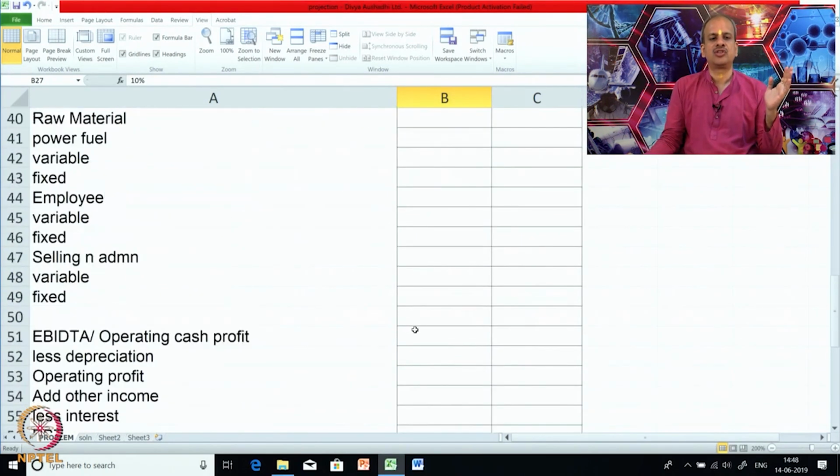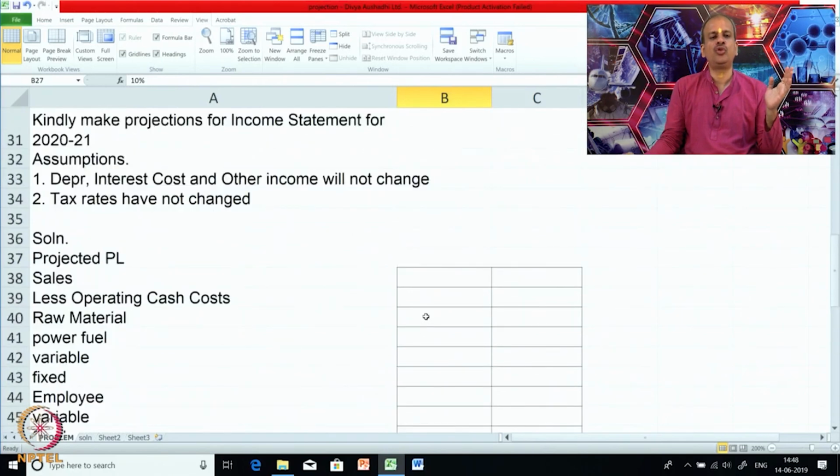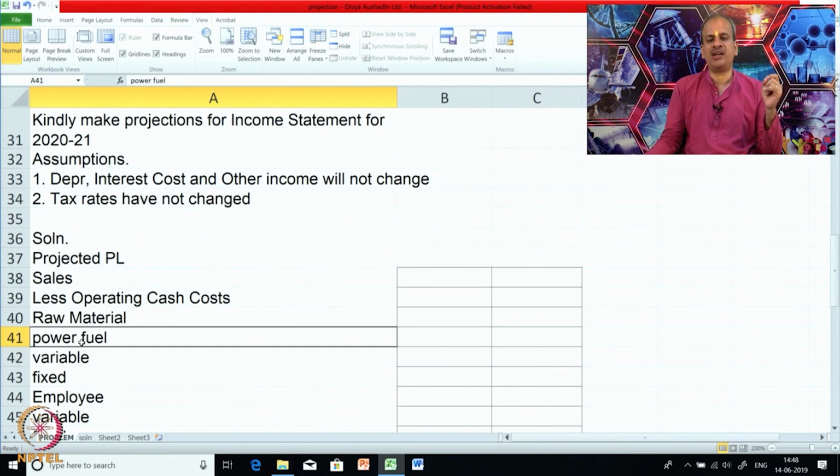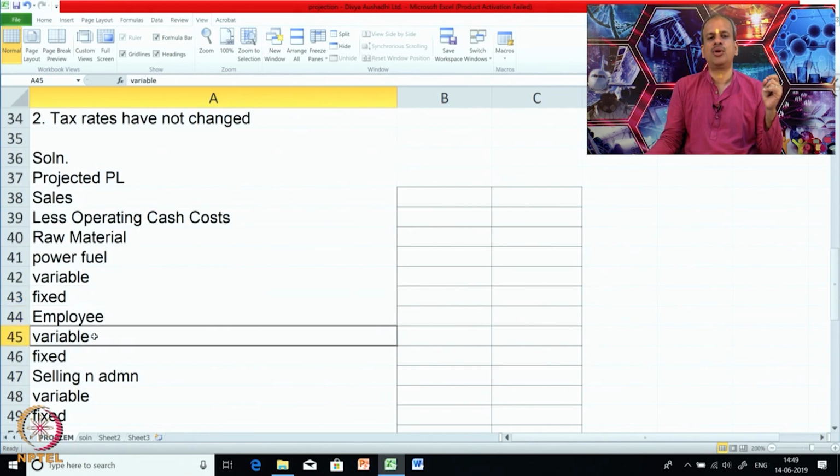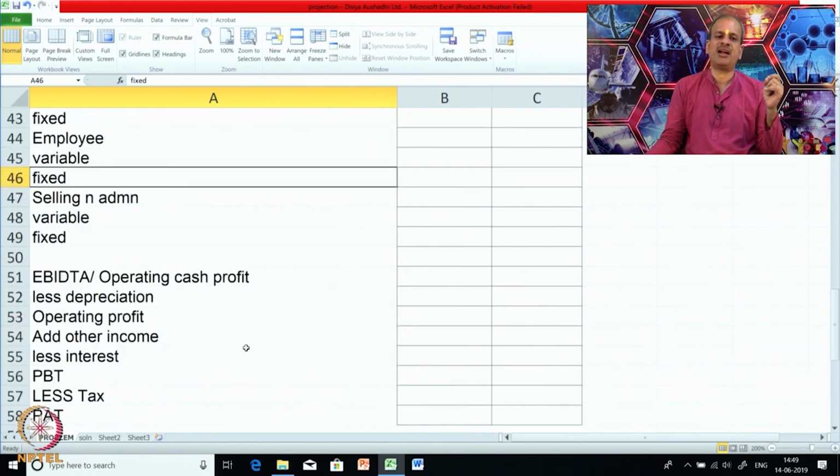Okay. So as a hint to you, this is the projected statement, wherein if you observe carefully, raw material being fully variable, there are no separate rows for it, but for power and fuel we have made two rows, power broken into variable part and fixed part, then employee cost broken into variable part and fixed part, and so on.